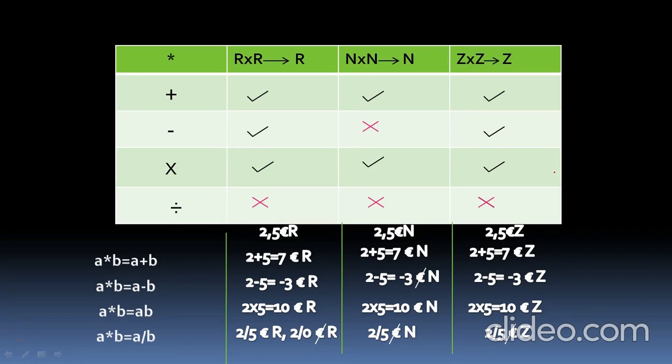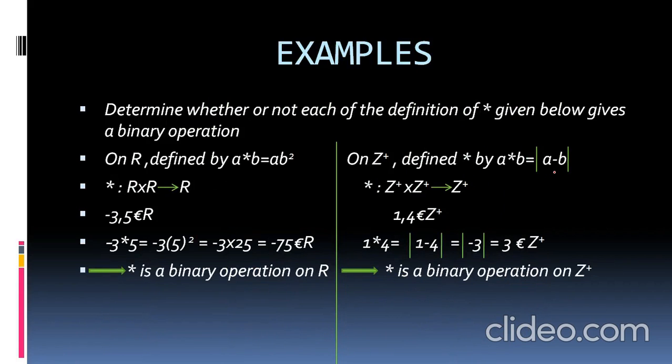So it is all about binary operation. Now consider the example. It will be more clear with these examples. Determine whether or not each of the definitions of star given below gives a binary operation. Here we have to check whether star is a binary operation or not.